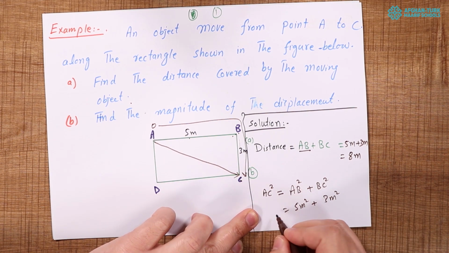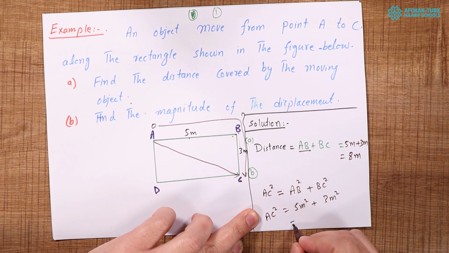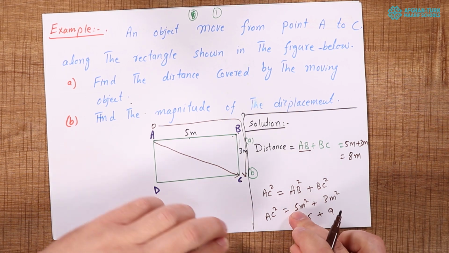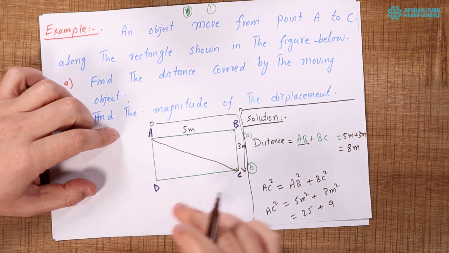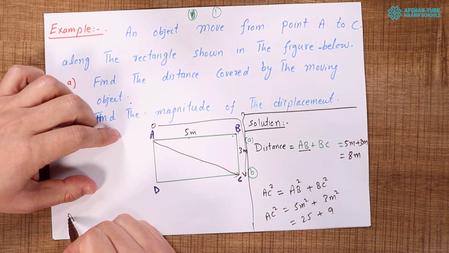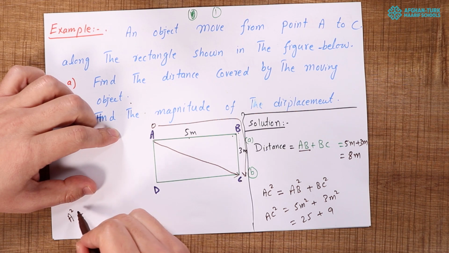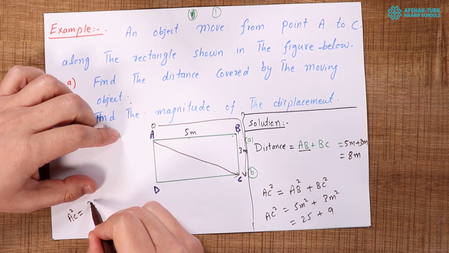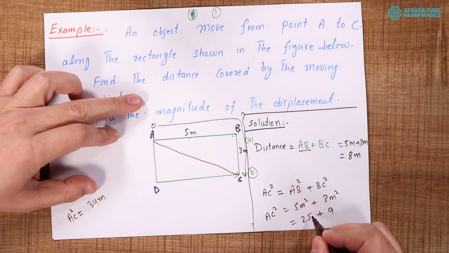So now AC square is equal to 25 plus 9. Now I'm going to solve this. So AC square is equal to 25 plus 9, which is 34 meter.